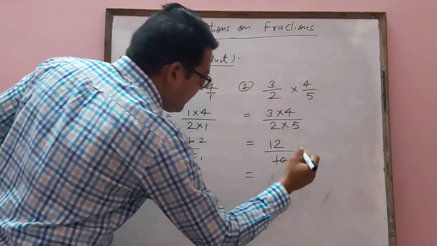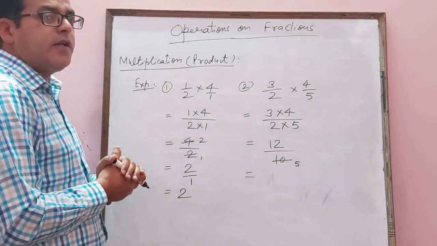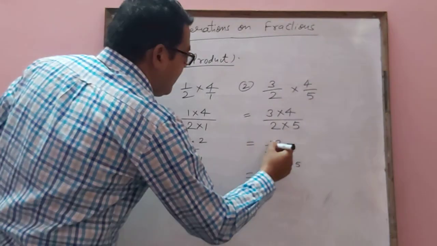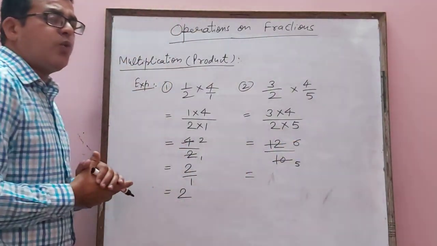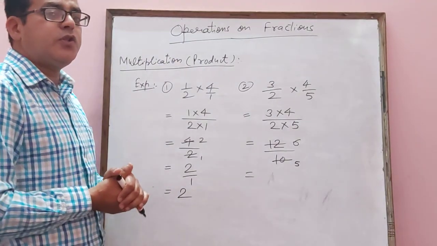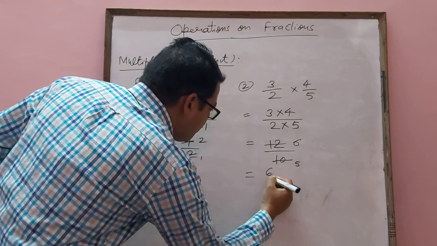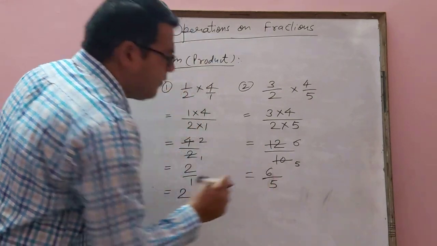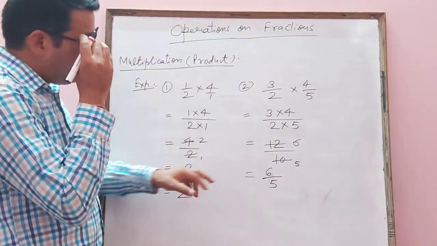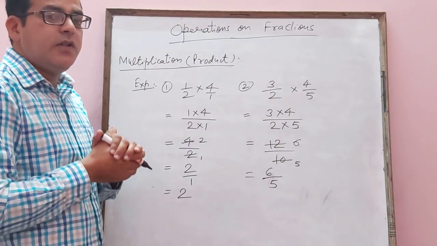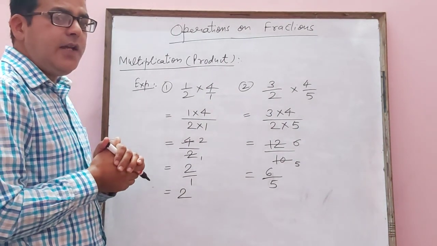We can write here 5, since we know that 2 5s are 10, right? And we can cut this 12 by 2 as 6, because 2 6s are 12. So what do we have here? 6 by 5 we can write here. This is a simple fraction, but this is not a proper form, right?